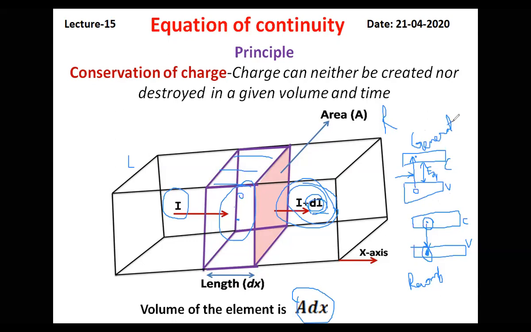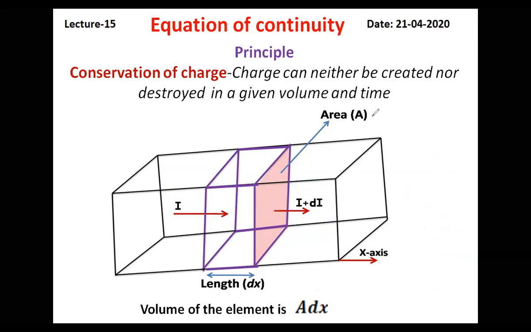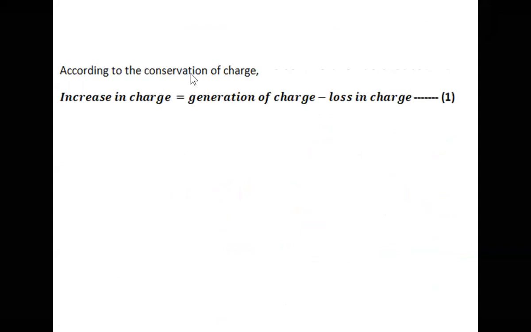So now we are going to take all these processes, transport phenomenon, carrier generation and recombination phenomenon, and apply the principle of conservation of charge within this block, and try to see what equation we will get, or rather derive, for governing the conservation of charge within this considered volume. Now within this block I am considering the conservation of charge.